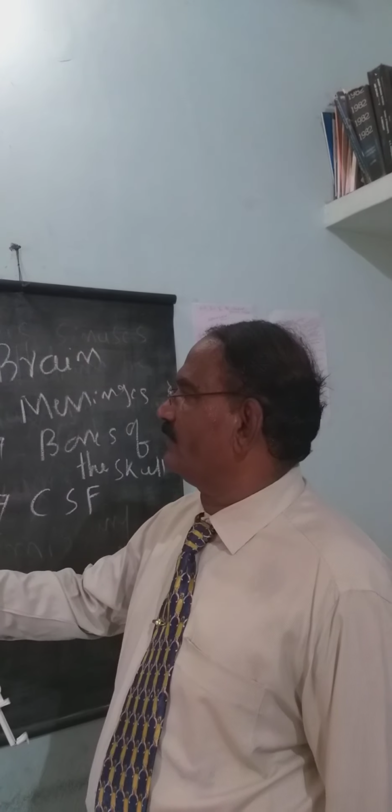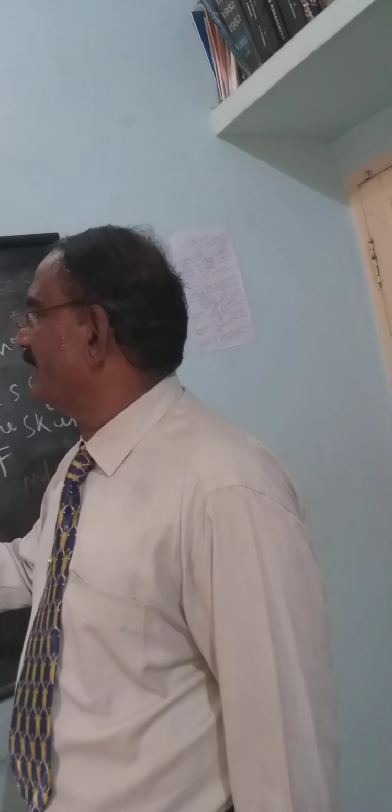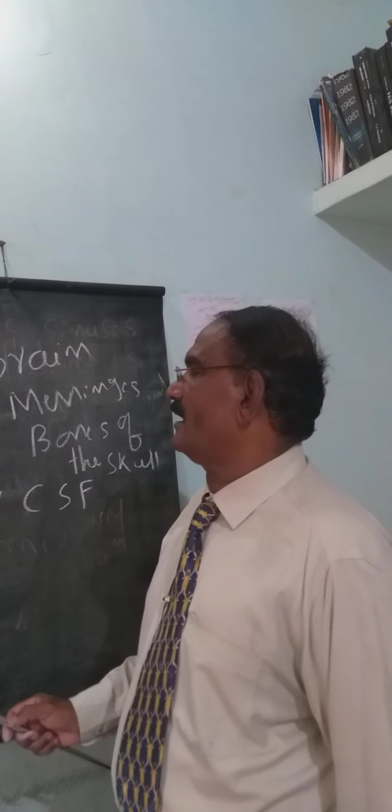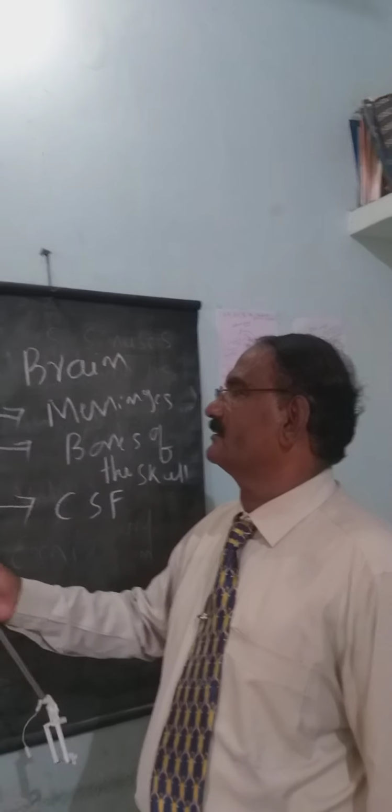Thrombosis of the cavernous sinus we have seen, and thrombosis of the superior sagittal sinus may occur from any infection of the scalp or the nose spreading to the superior sagittal sinus.